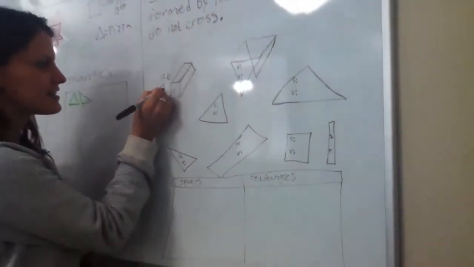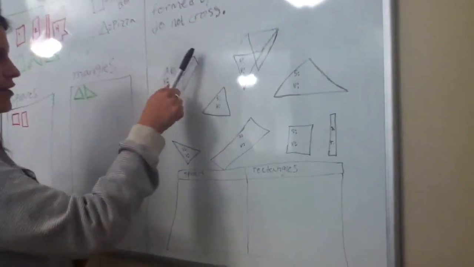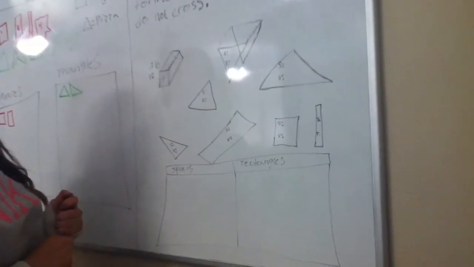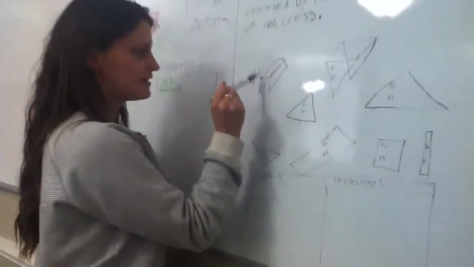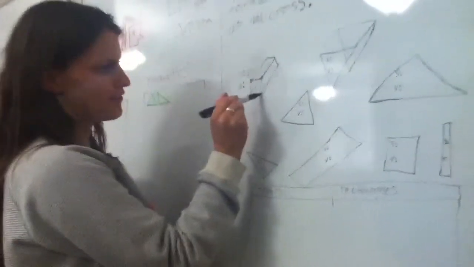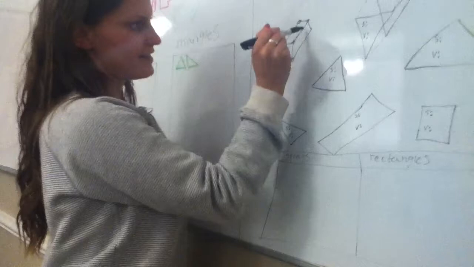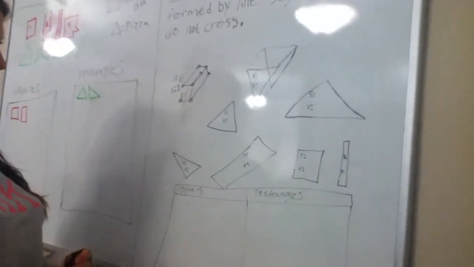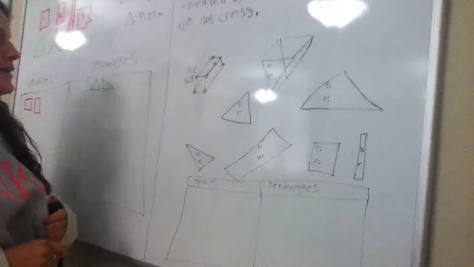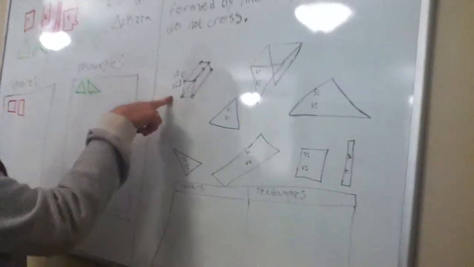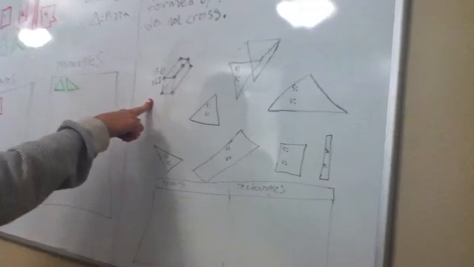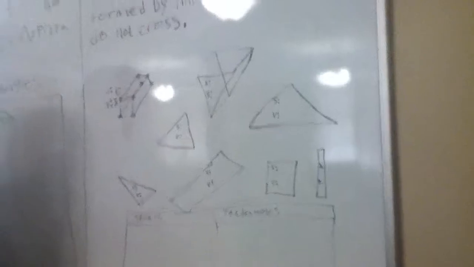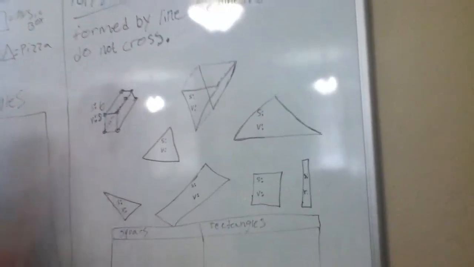The vertices are the corners of the shapes, and they would count 1, 2, 3, 4, 5, 6, 7, 8. 8 vertices. The vertices are what connect the edges and the sides of the shape. So a 3D square or rectangle shape would have 6 sides and 8 vertices.